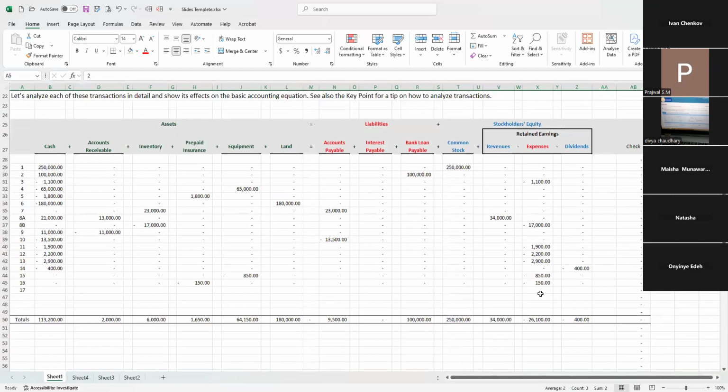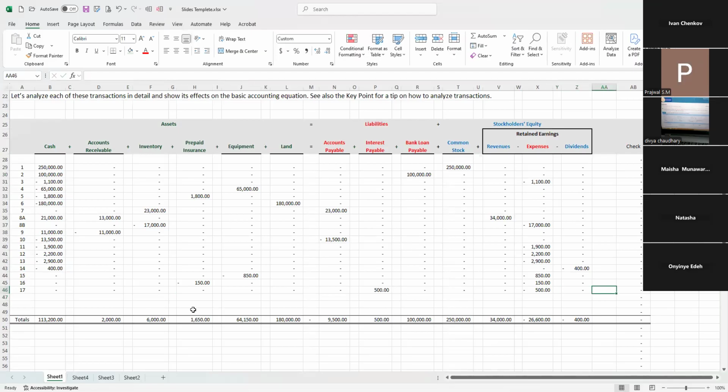So let's go and record this one. First, we're gonna record the expense, minus 500, and then we're gonna show interest payable of 500. And this case will be positive, right? No assets, no accounts payable, no bank loan, no shareholders, and we're done, correct?